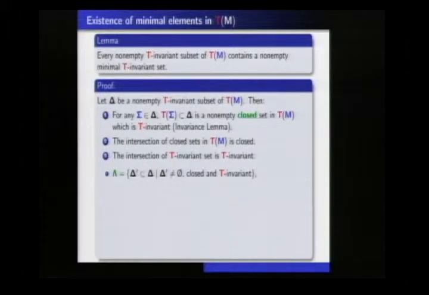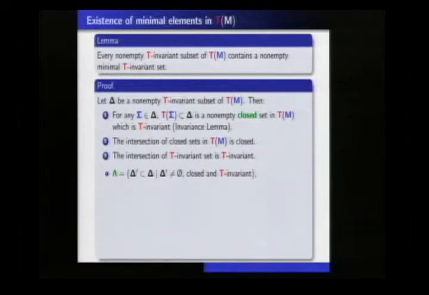So look at all subsets of delta which are non-empty, closed, and t-invariant. Closed here could be a little ambiguous, but say closed in the ambient space, which is T of M. We also have the subspace topology, but anyway, I got it. Okay, and t-invariant. That's a collection of sets.